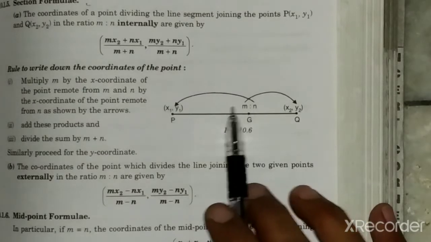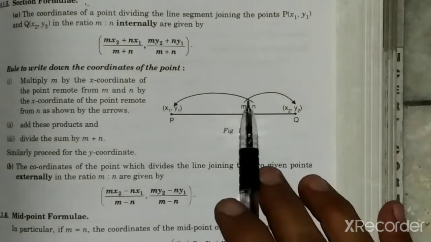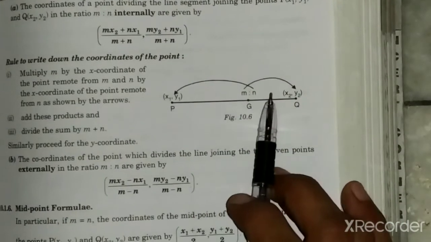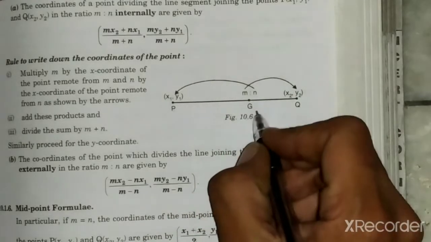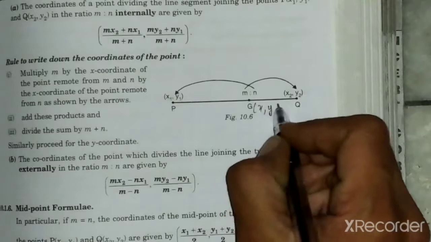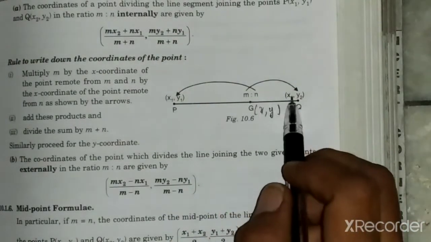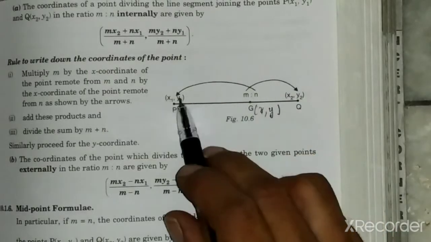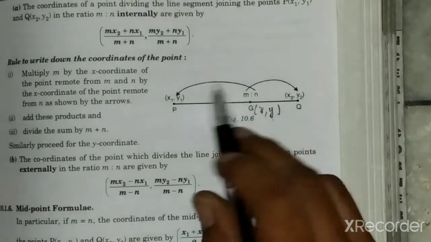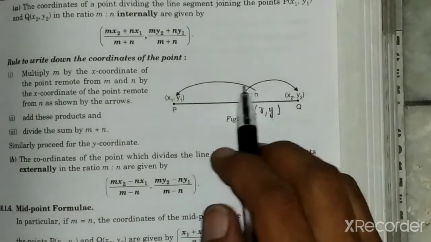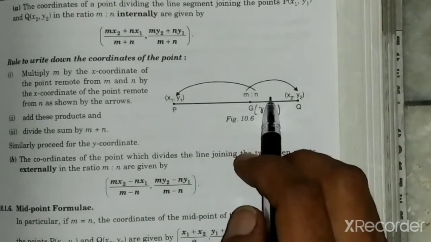Okay, so if G divides PQ internally, then by the section formula the coordinates of the point G, let us take it as (x, y), can be found by x equals (m x2 plus n x1) upon (m plus n), and similarly y can be found by (m y2 plus n y1) upon (m plus n).